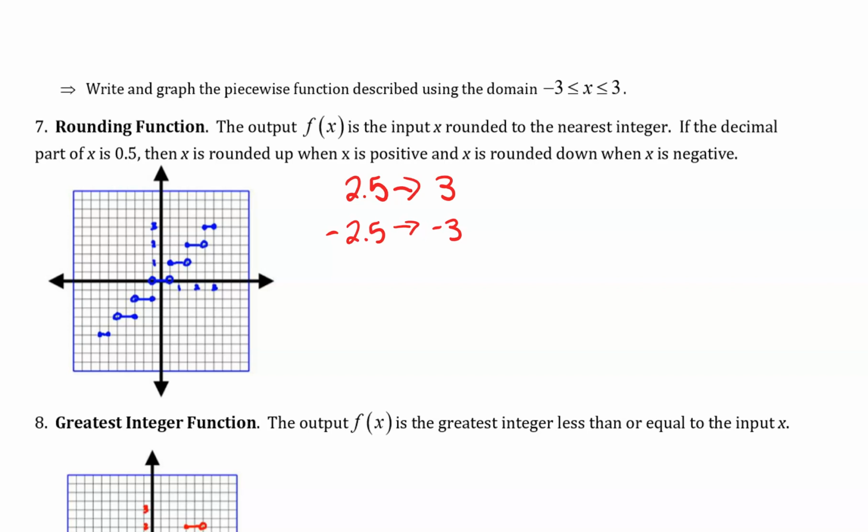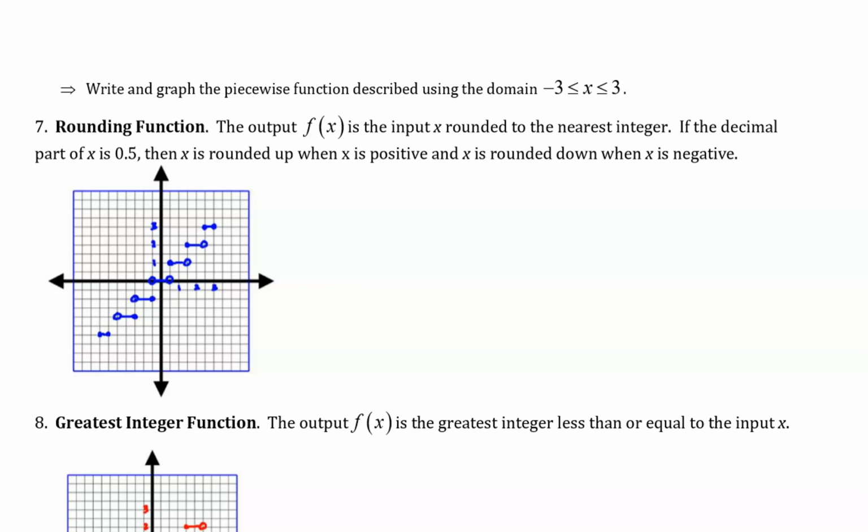So we need to write a piecewise function for this, and this wasn't actually written out. So let's do that really quick. Think about what numbers would round to give you 0. That would be any number between negative 0.5 and positive 0.5, but you wouldn't actually include 0.5 because 0.5 would round up.